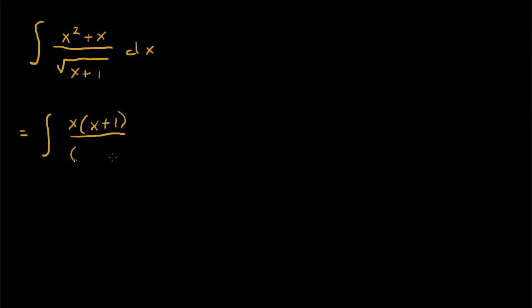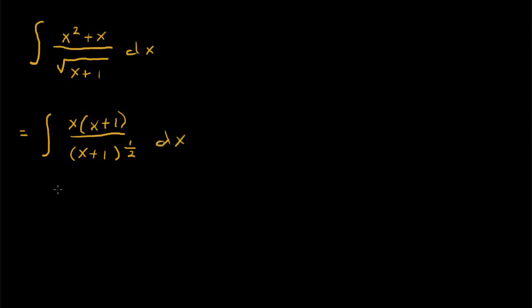And then in the denominator, instead of having a radical, what's another way we could write that? Well, we could write that as x plus 1 to the 1/2 power. That means the same thing.